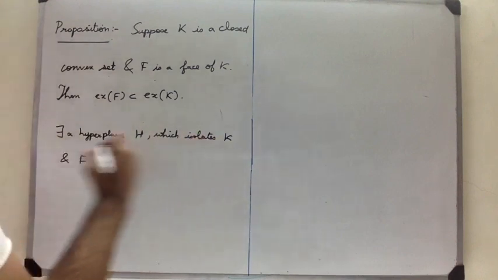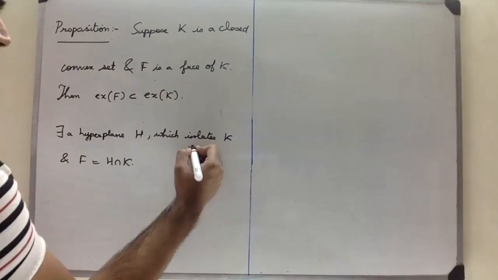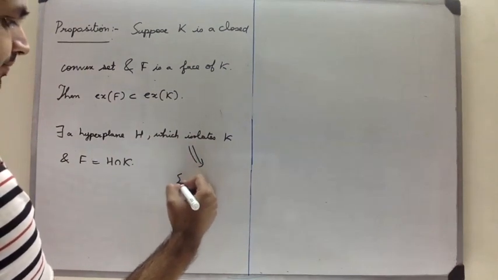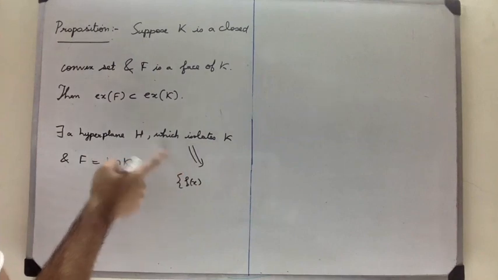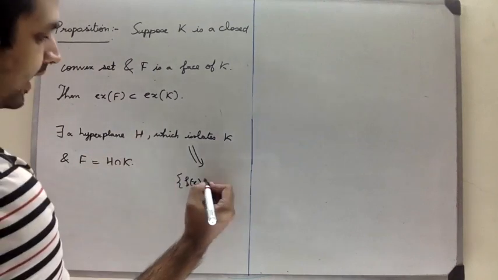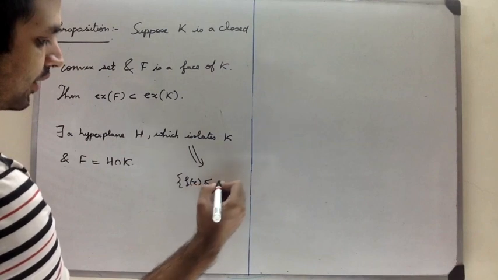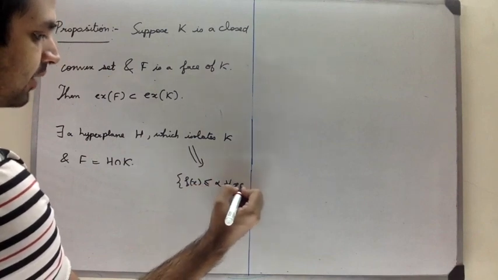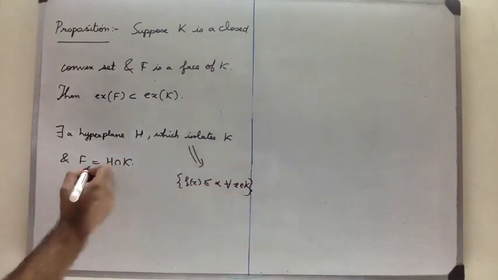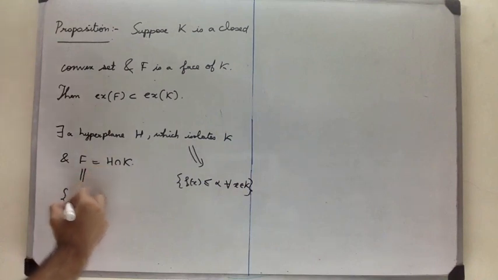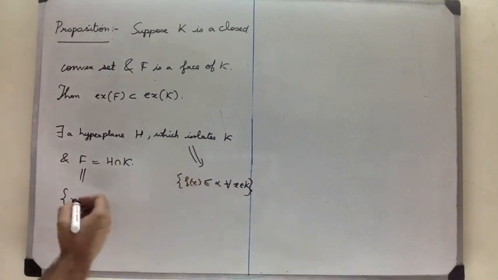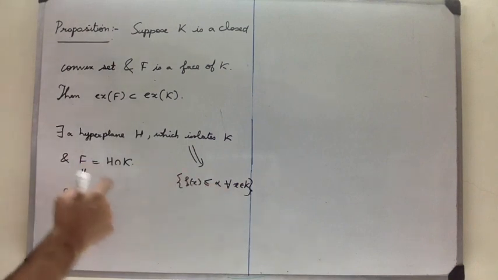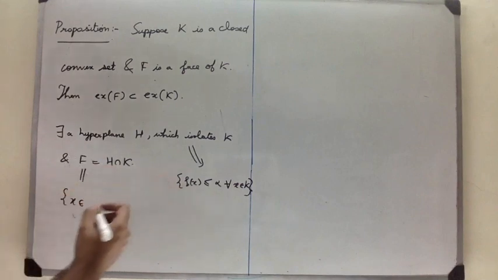Now, H isolates K means that f of x, where f is the linear functional which defines the hyperplane H, f of x is less than or equal to alpha for all x element of K, and H is the only place in K where f of x is equal to alpha.